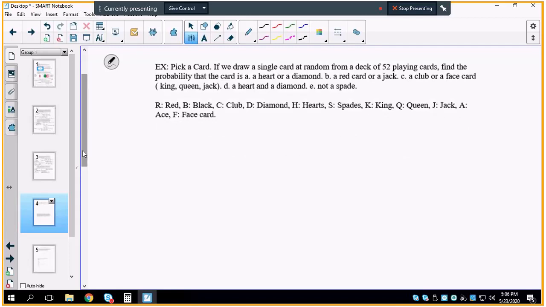If we draw a single card at random from a deck of 52 playing cards, find the probability that the card is heart or diamond. I'm just going to abbreviate by the first letter. Probability of heart or diamond should be probability of hearts plus probability of diamonds minus probability of heart and diamond.